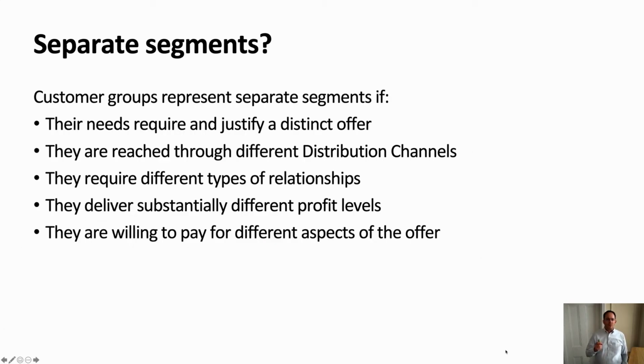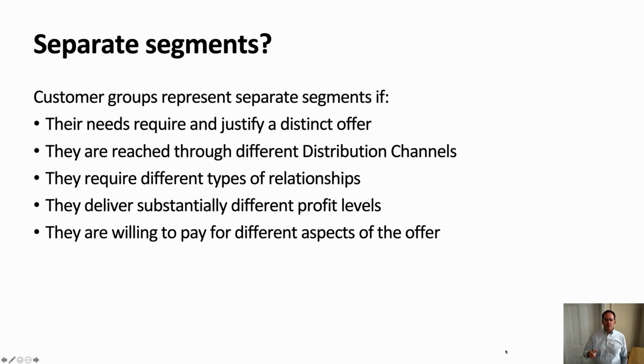In terms of segments, you should do separate segments. And they represent separate segments if their needs require and justify a distinct offer. If there are multiple value proposition offers, then there will be multiple customer segments.